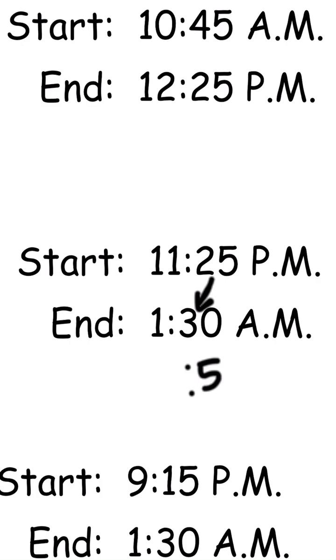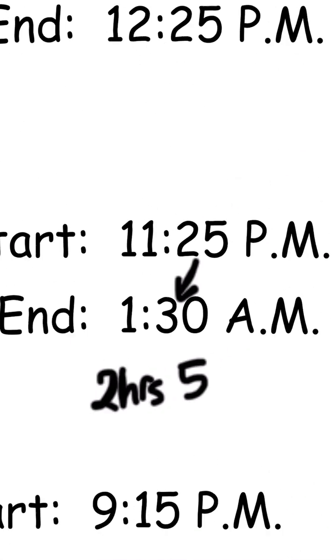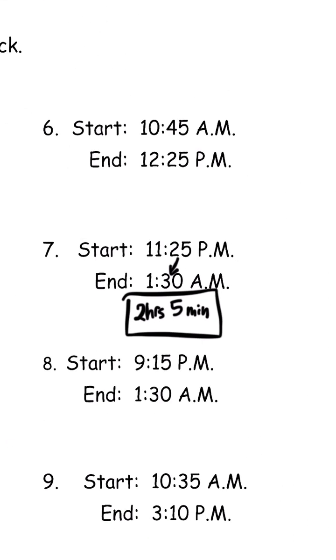And then 12 plus 1 more hour is 1. So it's 2 hours, since 11 plus 2 more hours becomes 1. So 2 hours and 50 minutes is the answer for number 7.